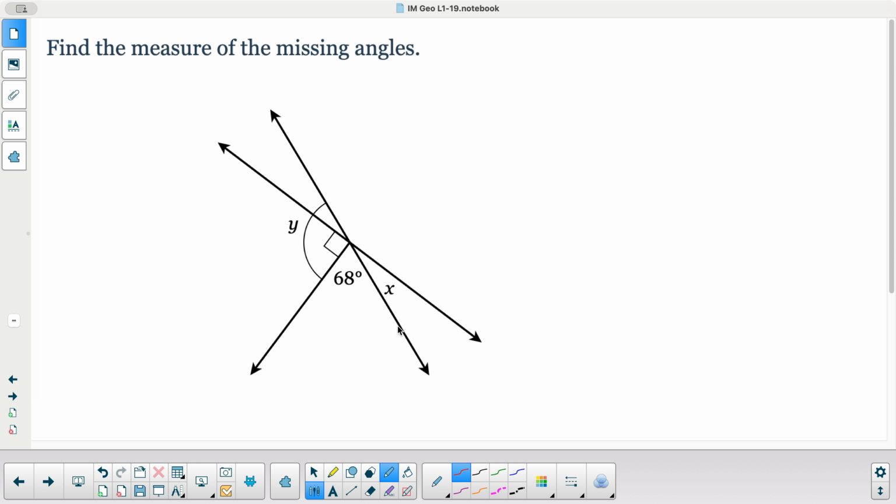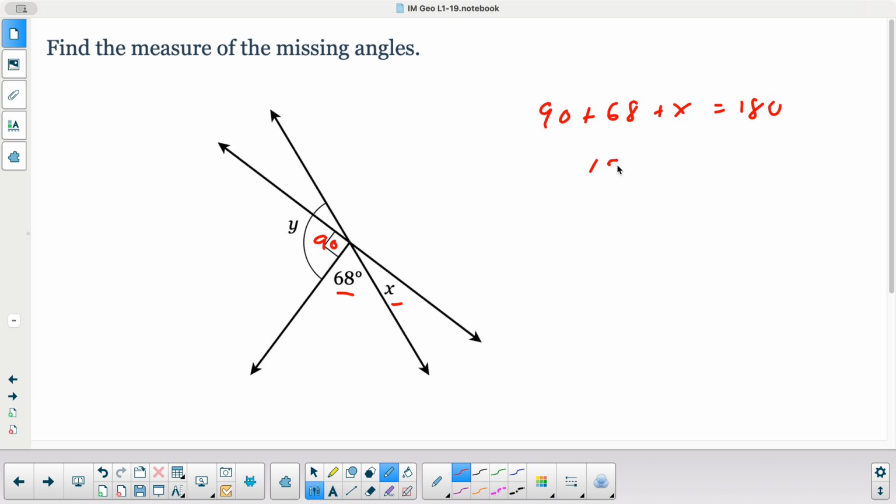Now this one's a little bit harder. What I want you to do here is focus first on this linear triple. A linear triple is three angles that form a line just like a linear pair. So if you look here, this is 90, this is 68, and this is x. So basically 90 plus 68 plus x equals 180.